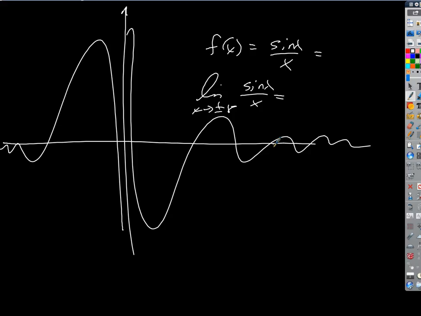Even though it's not constant, it's still trapped between -1 and 1, right? And so if the top is trapped between these finite values, but the bottom is growing infinitely big, we still end up getting 0, don't we? We don't get a constant over infinity, but we get some trapped number. That's what we call, in math, a trapped value, right?